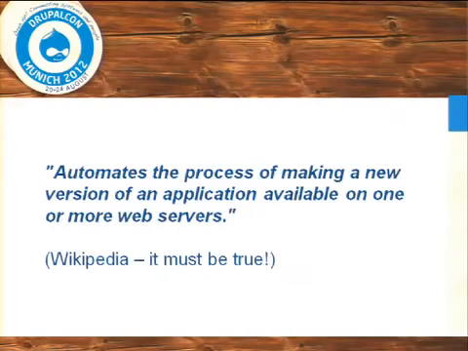Okay, so the point of automated deployment is to make a new version of an application available on one or more remote web servers. Wikipedia said it, must be true.